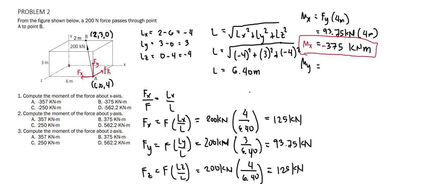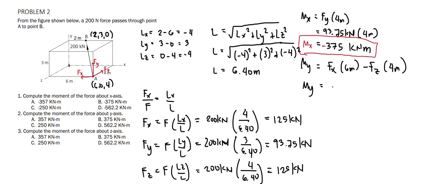Now for M sub y, only x and z would induce a rotation along the y-axis. So for the sign convention, I'll let you analyze this by yourself. This should be positive Fx times 6 meters minus Fz times 4 meters.